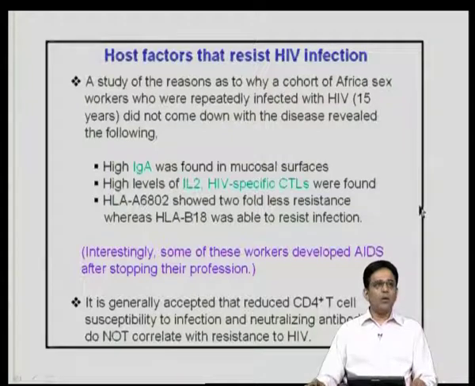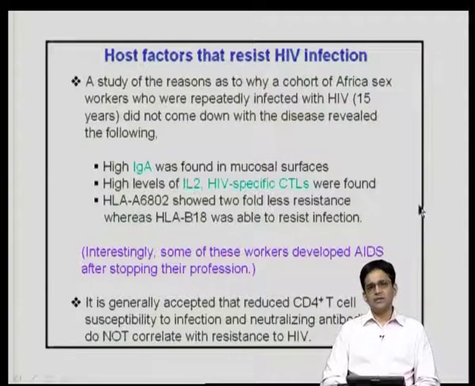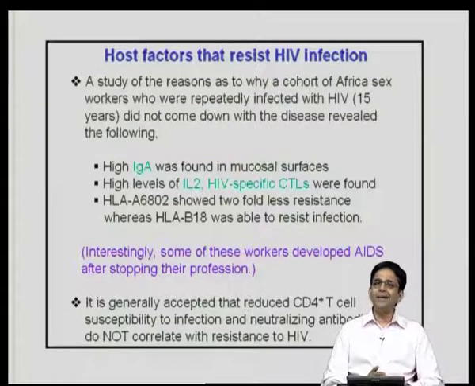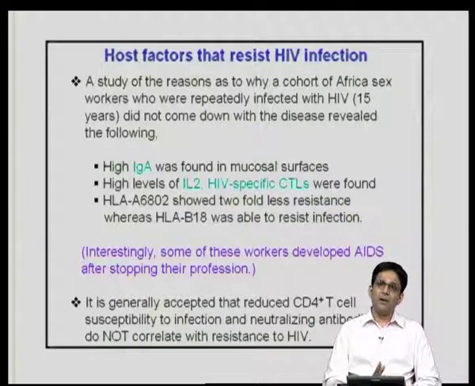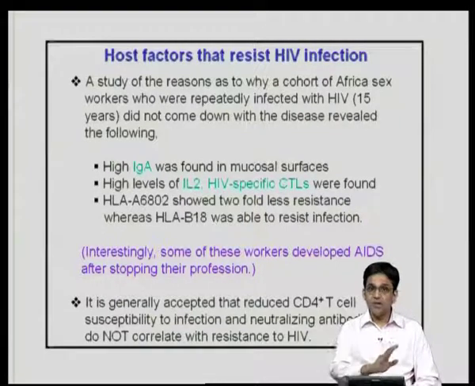Okay. Now, this is an interesting study that was done among a cohort of sex workers in Africa, who were repeatedly infected with HIV for 15 years, but did not come down with disease. So, then scientists tried to find out what made them resistant to HIV. What was found is very interesting.